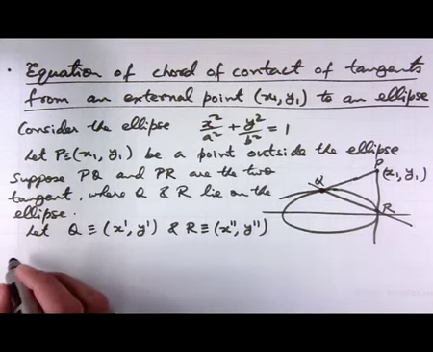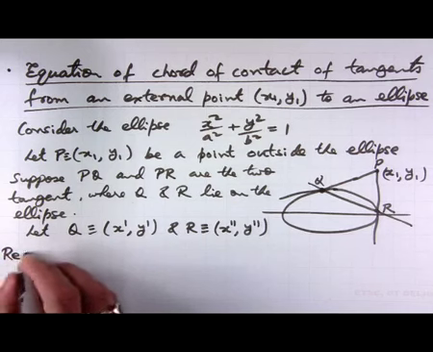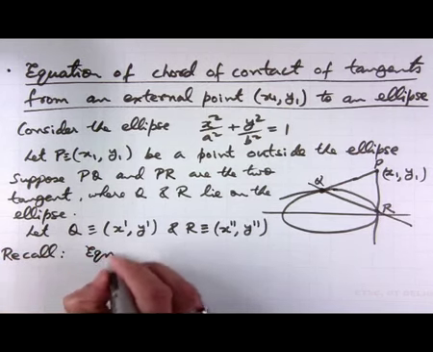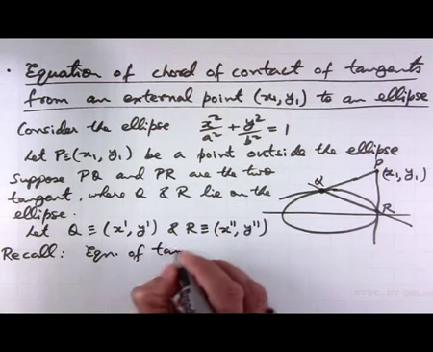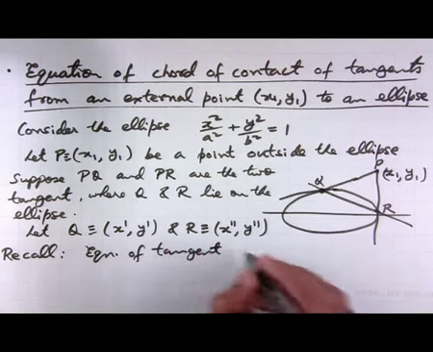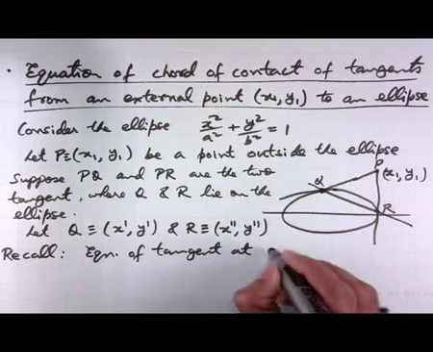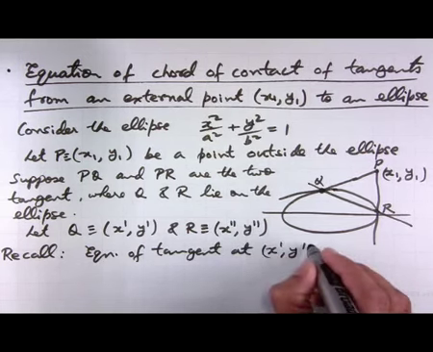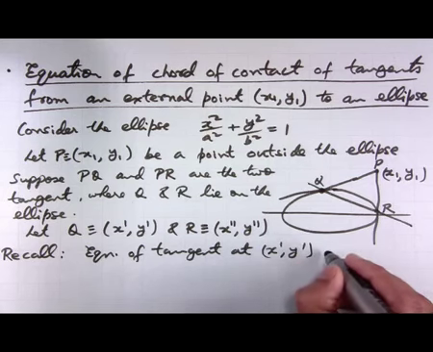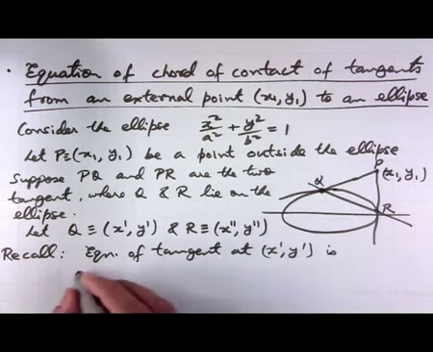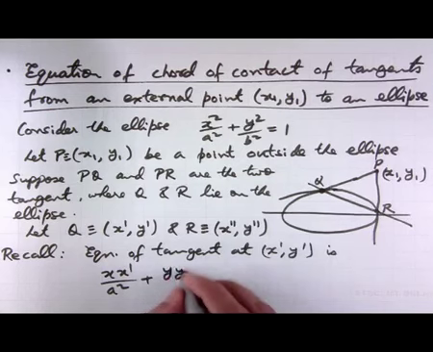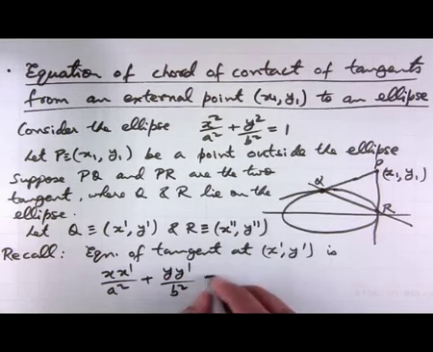Then the equation of the tangent line. So, recall, the equation of tangent at some point (x', y') is given by x x' by a square plus y y' by b square equal to 1.